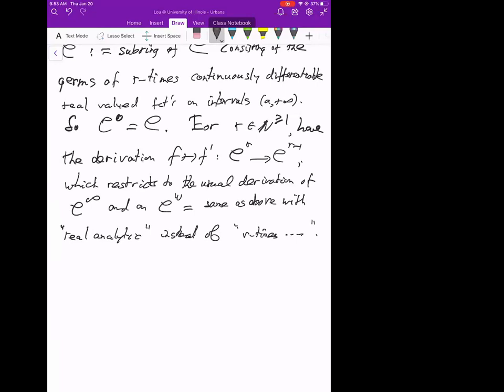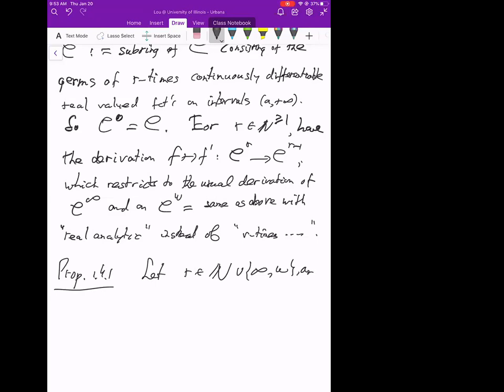I want to upgrade this to the following proposition 1.4.1. Let R be a natural number, or it could also be infinity or omega.